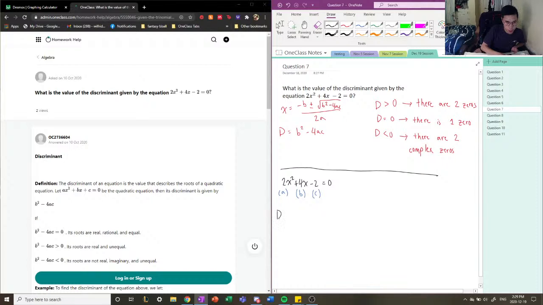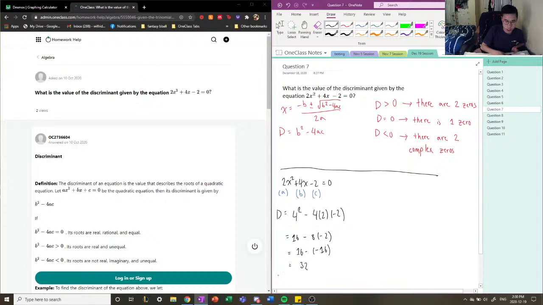If we use our discriminant equation, we get b squared, or 4 squared, minus 4ac, or 4 times 2 times negative 2. So we get 16 minus negative 16, and minus a negative is a positive, so we get 32.